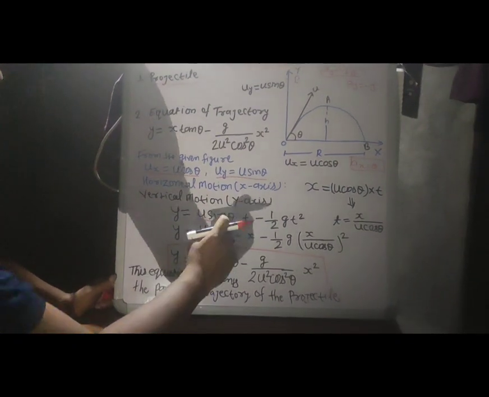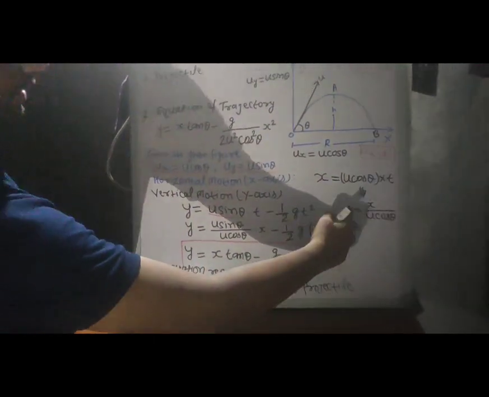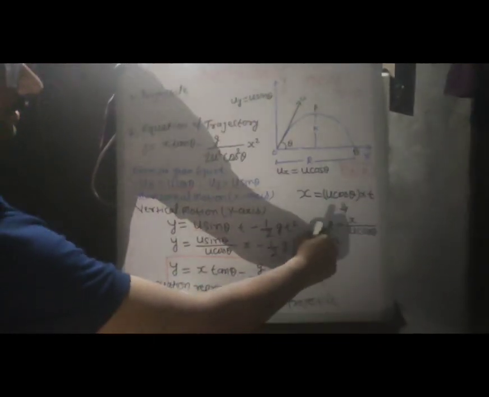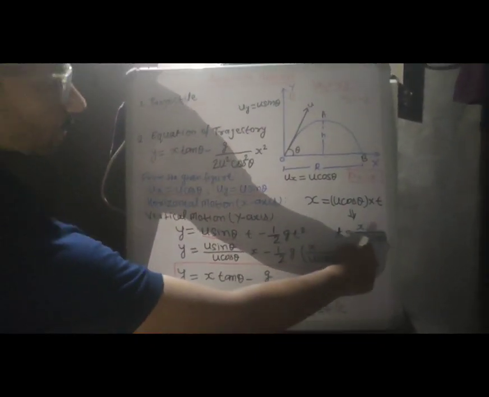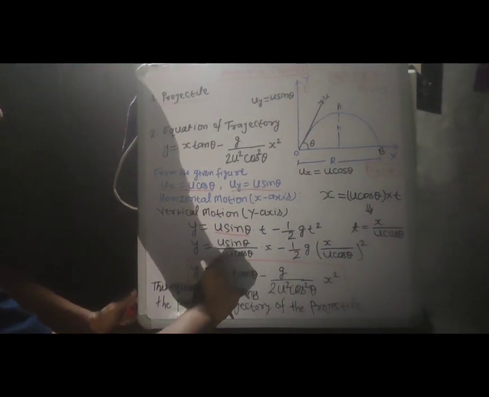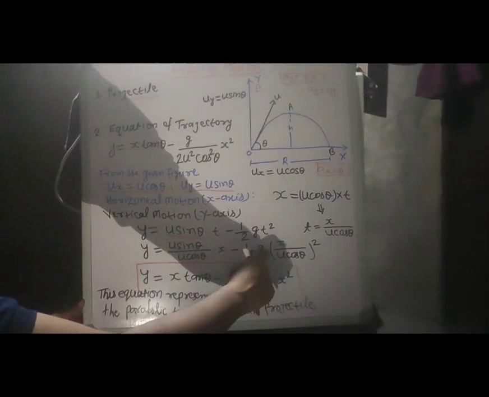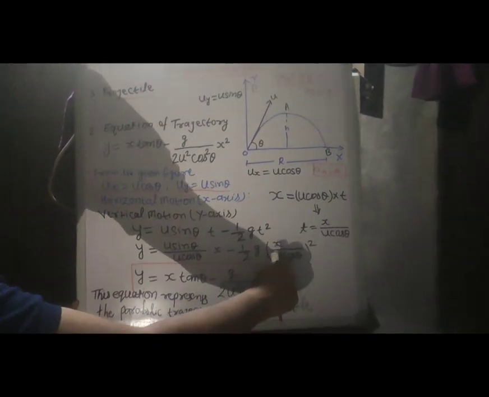Now we have to put the value of t in this equation. From the horizontal equation we get t equals x upon u cos theta. So y equals u sin theta upon u cos theta into x minus 1 upon 2 g into x upon u cos theta, whole square.